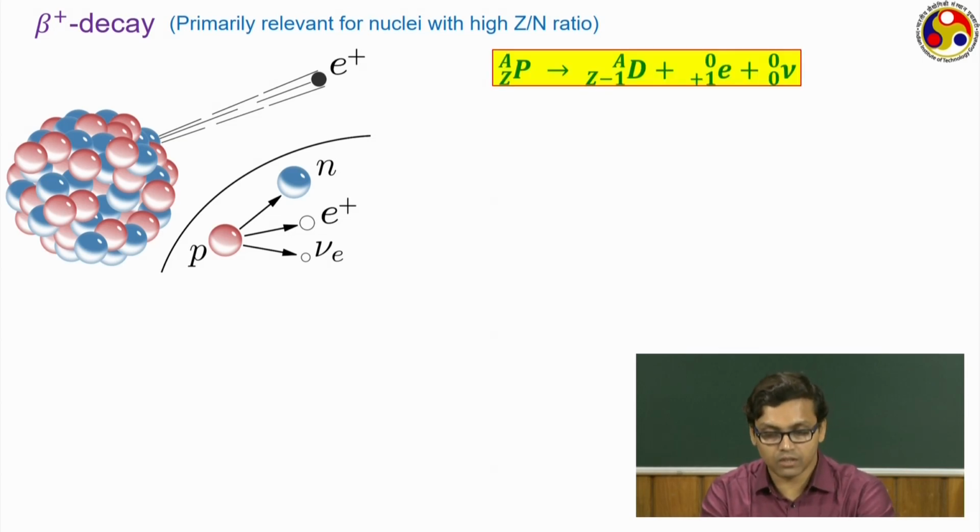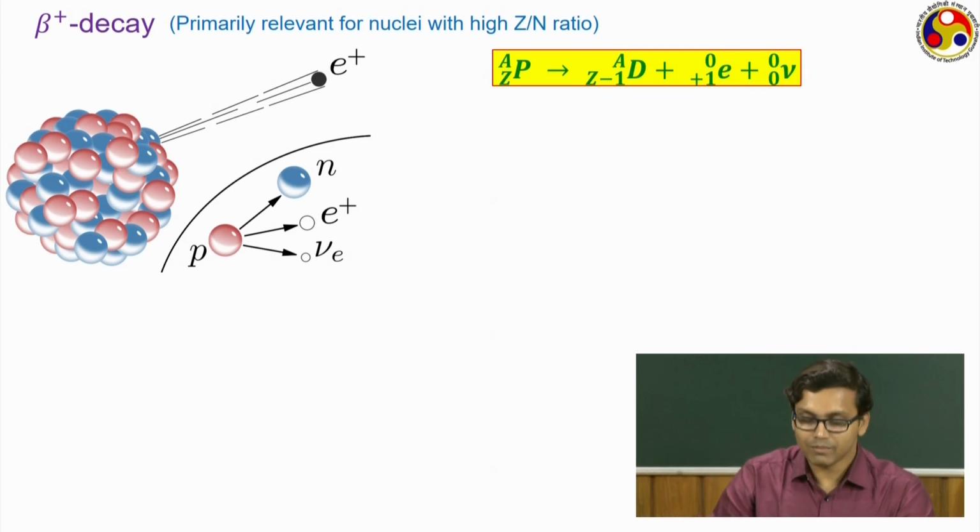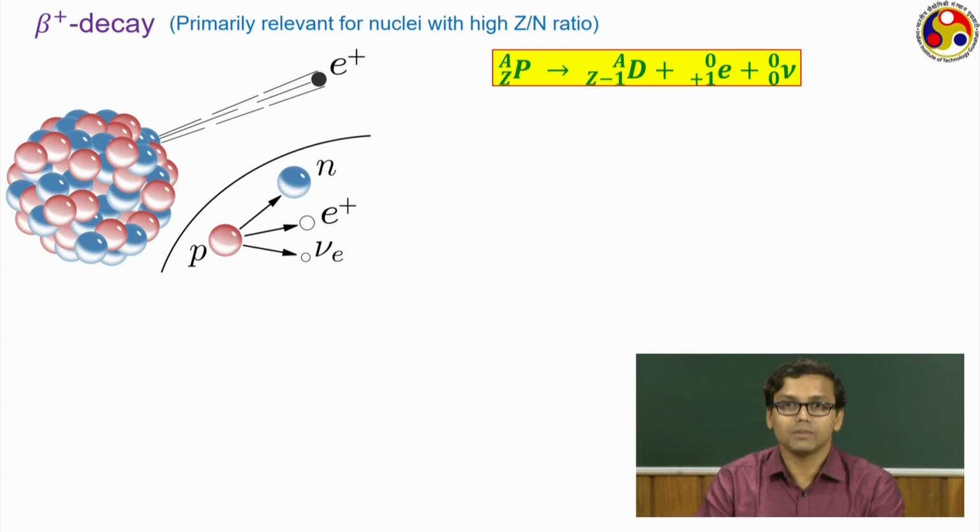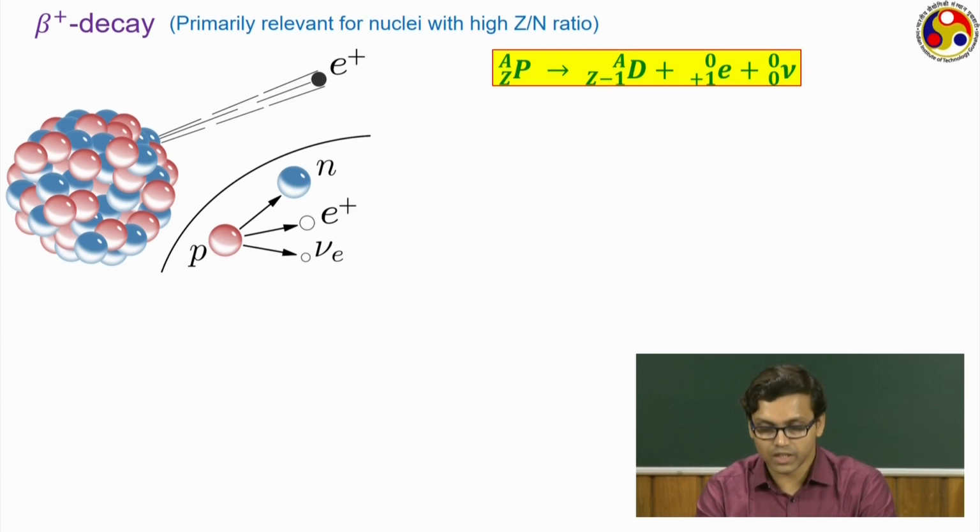So, this is the general mathematical form we can write. Here the parent has Z number of protons and A minus Z number of neutrons. Because of this nuclear reaction, the total number of nucleons remains the same, that is A, but the total number of protons reduces by 1.